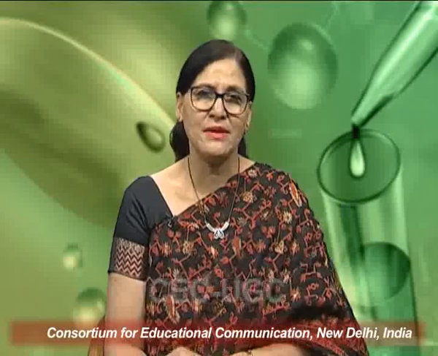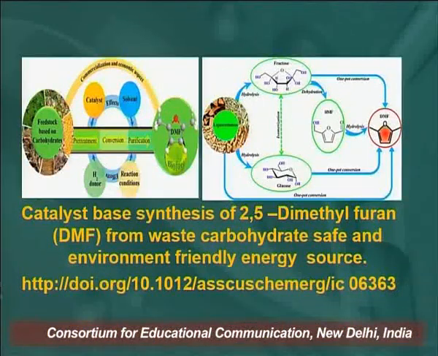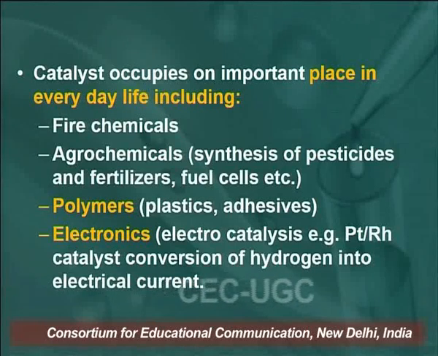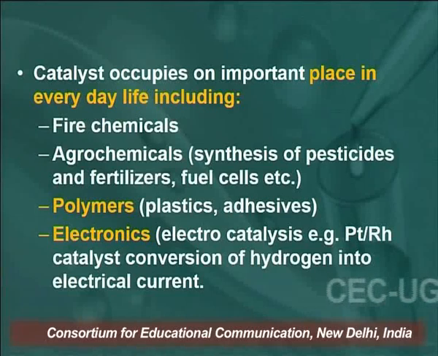Another important example which we can see industry using nowadays is catalyst-based synthesis of 2,5-dimethylfuran, which is also called DMF. So DMF is obtained from the waste carbohydrate, which is also a safe and environment friendly energy source. So the catalyst occupies an important place in everyday life, including chemicals, agrochemicals.